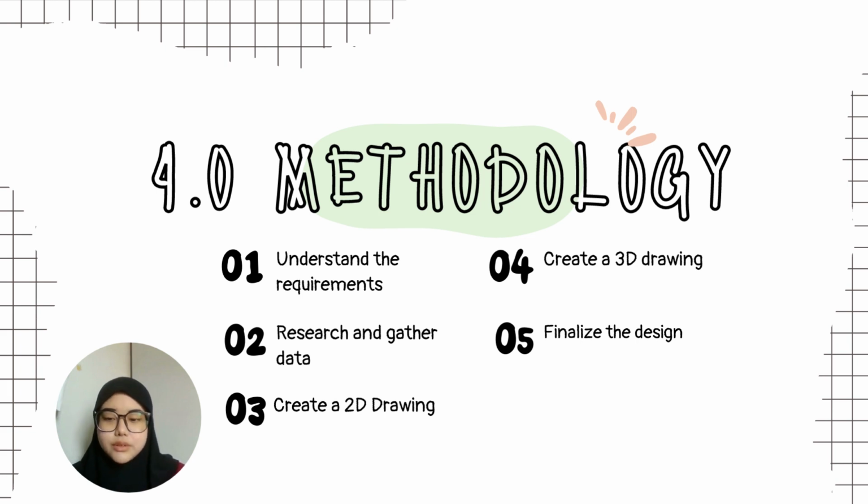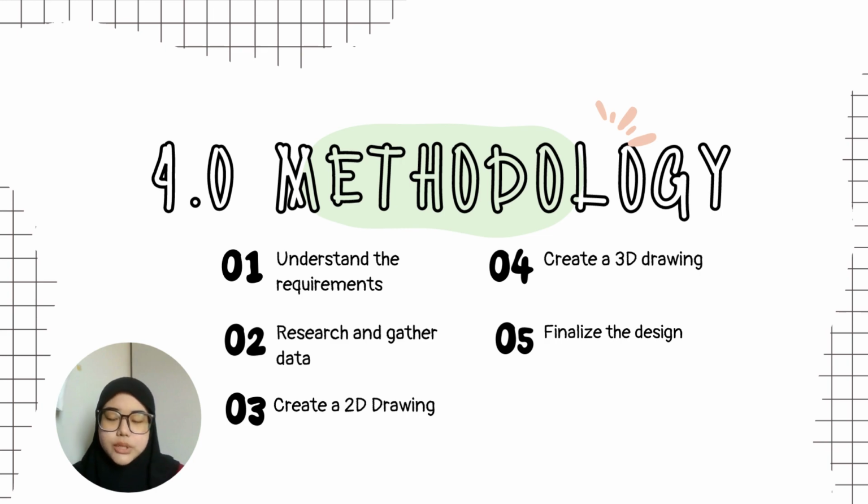once we have a good understanding of the requirements, we created a 2D drawing of the CPU fan in AutoCAD. This will include dimensions, offsets, and any other design parameters. And the fourth one is we created a 3D drawing of the fan using AutoCAD 3D modeling features or any third-party CAD software.